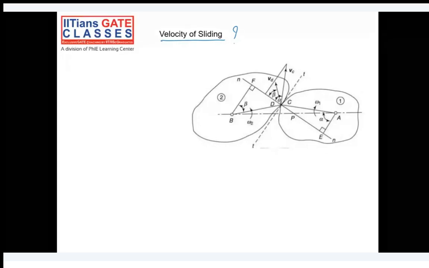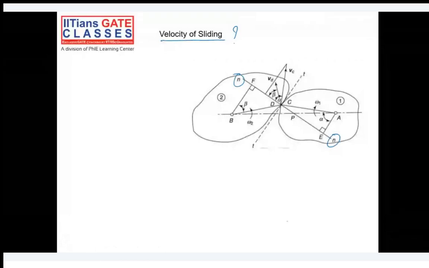So as to have a constant angular velocity, if you remember this point. Bodies A and B, or bodies 1 and 2 here, are enmeshed with each other and rotating at a constant angular velocity. In order to achieve that constant velocity, there should not be a separation or penetration along the common normal. This is what we have studied till now.